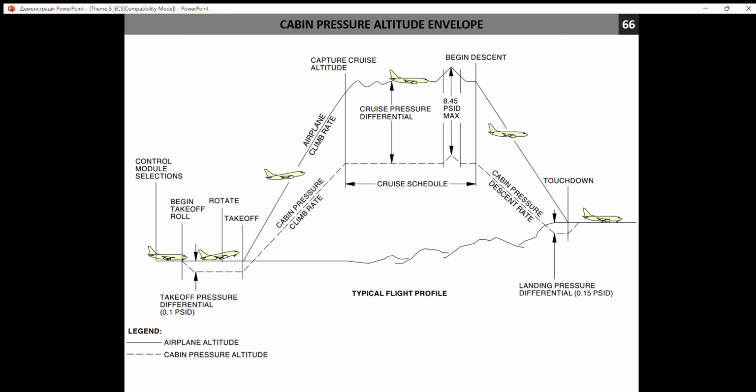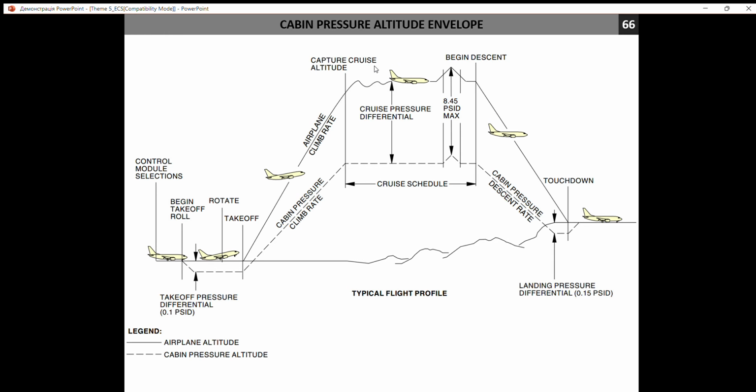And you may see an original flight path of the airplane, and it shows us more natural, real life behavior of the airplane. So we are going to the cruise altitude, and it could change due to different reasons.